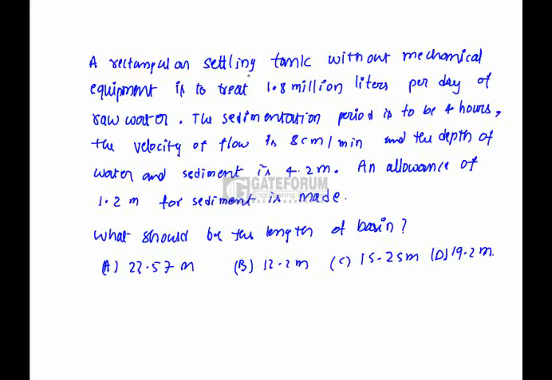The question is, a rectangular settling tank without mechanical equipment is to treat 1.8 million liters per day. This much water has to be treated per day. The sedimentation period is to be 4 hours. The velocity of flow is given as 8 centimeters per minute, and the sedimentation period of 4 hours is the detention period.